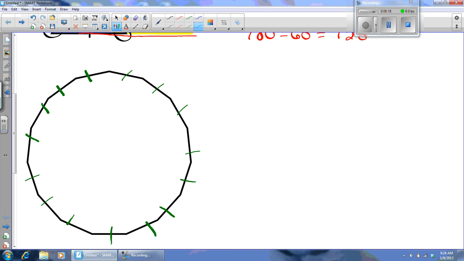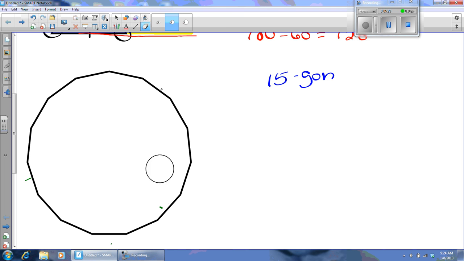So this guy's name is a 15-gon. Okay, I'm going to do the next step the hard way, and hopefully you'll start to see an easy way. If not, I will point it out to you. This is where I break my shape up into triangles, right? So I'm going to circle one of the vertices, and then I'm going to draw segments to every other vertex that doesn't have one.